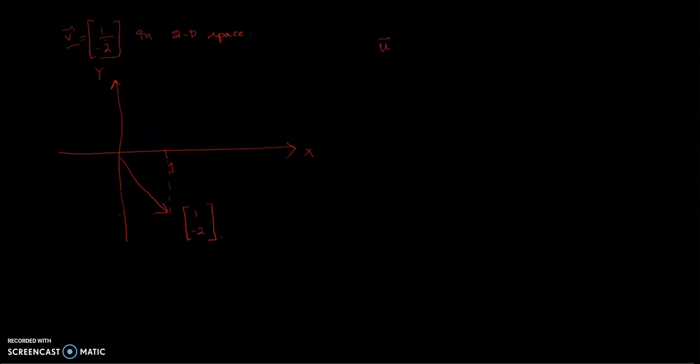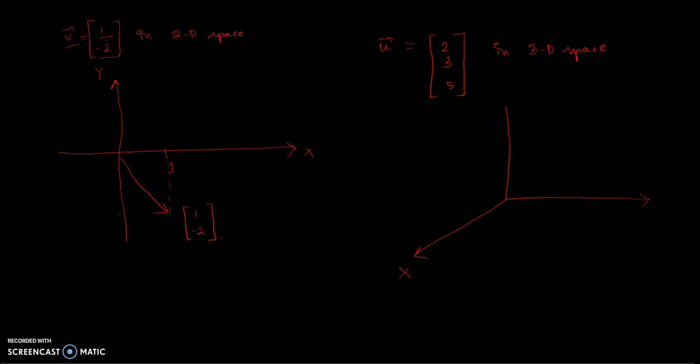Similarly, we can have a plot of (2, 3, 5). This will happen in 3-dimensional space. This is x, this is y, this is z. We go 2 units towards the x-axis, 3 units towards the y-axis.